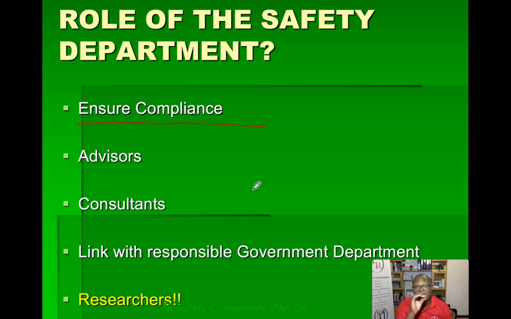So we ensure compliance. We are also advisors in the organization. People come to us looking for advice. I need this, I need that, and so on and so forth. So we advise management, we advise all employees at all levels on what are the best practices in terms of making sure we still comply. We are also internal consultants in terms of health and safety.